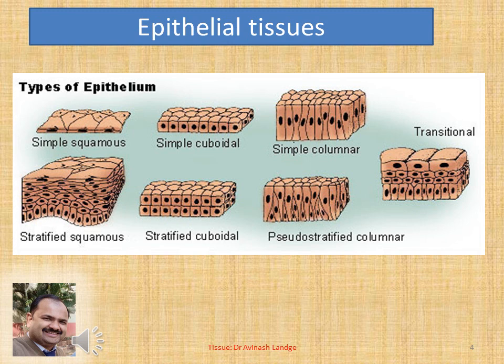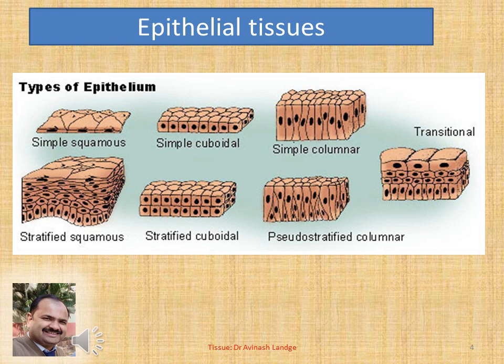The second type is cuboidal epithelium. This cuboidal epithelium is made of cube-like cells that fit closely. Cells look like squares in section, but in surface view appear hexagonal. It is found in kidneys, thyroid vessels, and in glands like salivary glands, sweat glands, etc. This cuboidal epithelium forms the germinal epithelium of gonads in testes and ovaries, where formation of sperm cells and egg cells takes place.